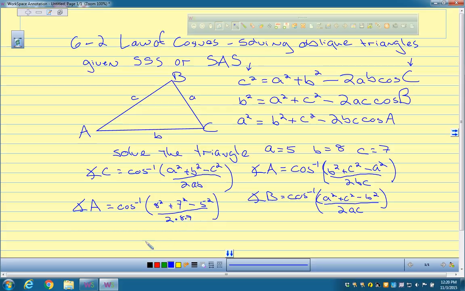And make sure you're in degree mode, and if you plug that into your calculator, be careful. Do not call this -5 quantity squared. It's 5 squared and then you subtract.